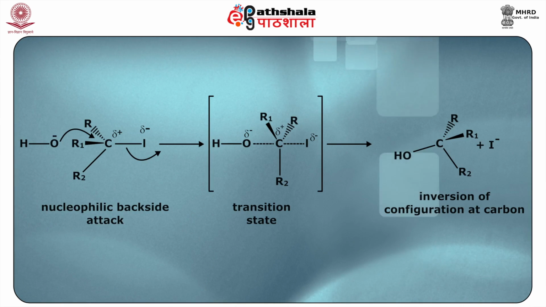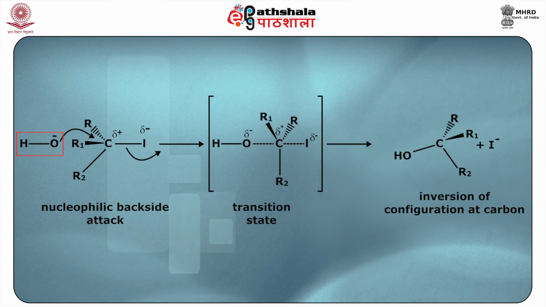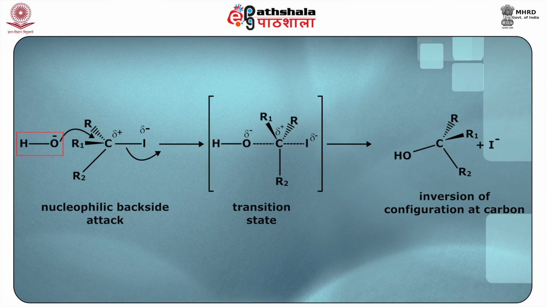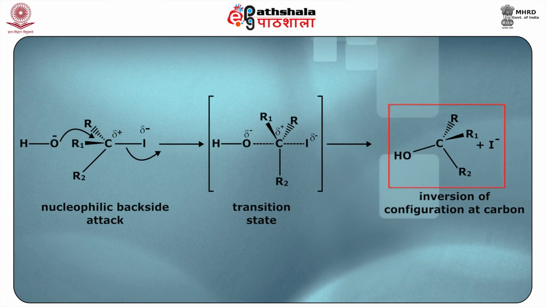The more stable the transition state, the faster would be the reaction rate. You can see this in the following scheme, and in these cases the nucleophile attacks the substrate from the opposite side to the position of the leaving group, resulting in the inversion of configuration.